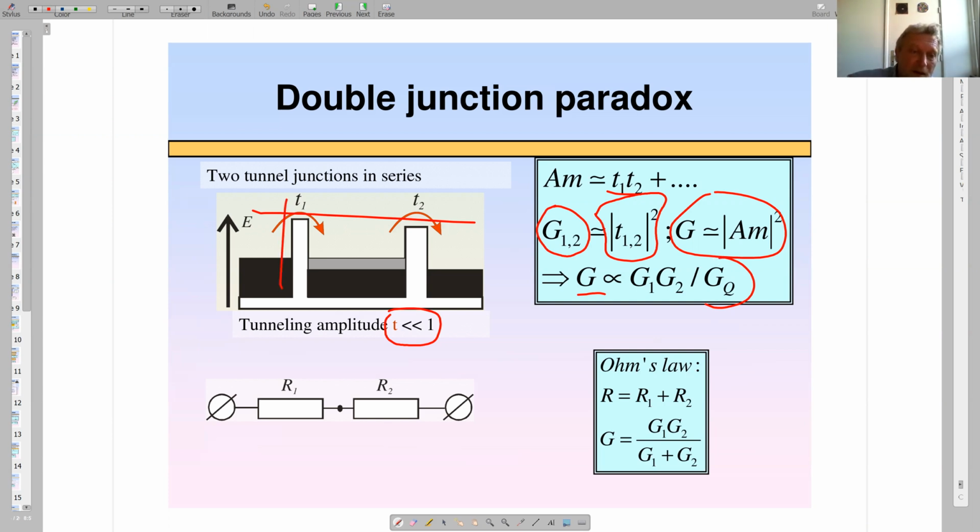Well, each junction of this kind corresponds to a resistor. And what we do, we are just supposed to combine two resistors in series. So there is Ohm's law. The total resistance is the sum of the resistances.